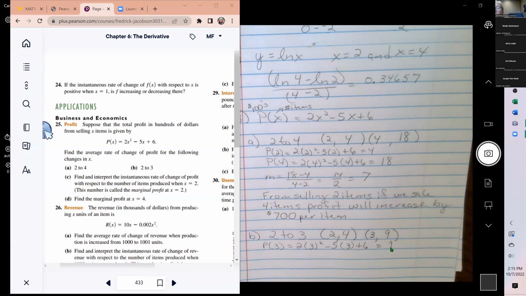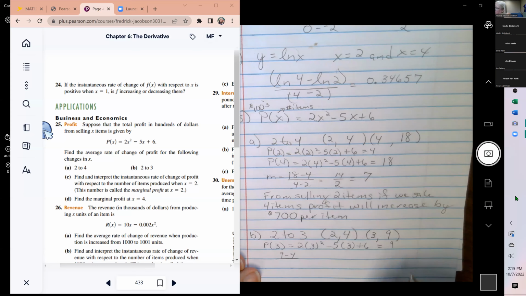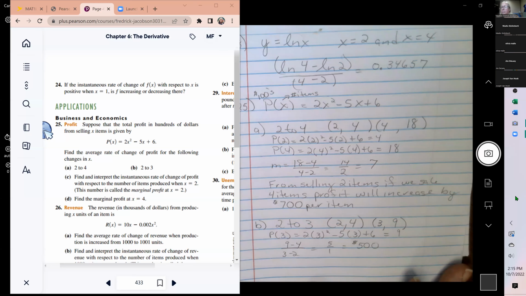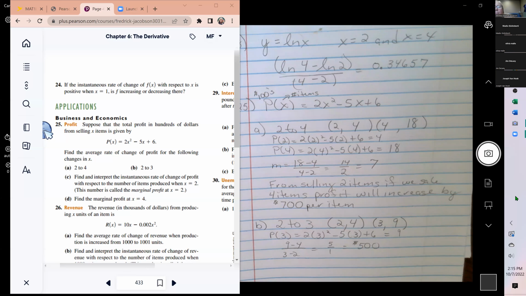So selling 3 items gives us a profit of $900. Nine minus 4 over 1. So if we were selling 2 items and we decide to sell 3 items instead, we will increase our profit by $500 per item. Well, this was only an increase of 1, so it will increase by $500.